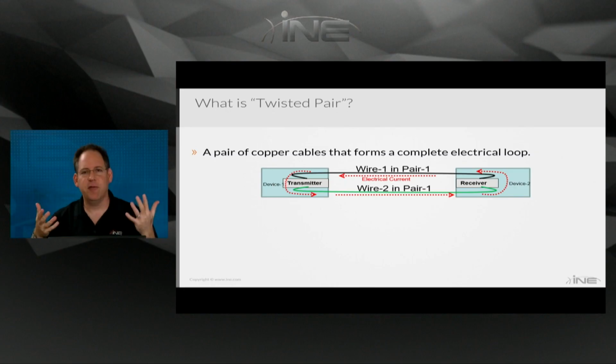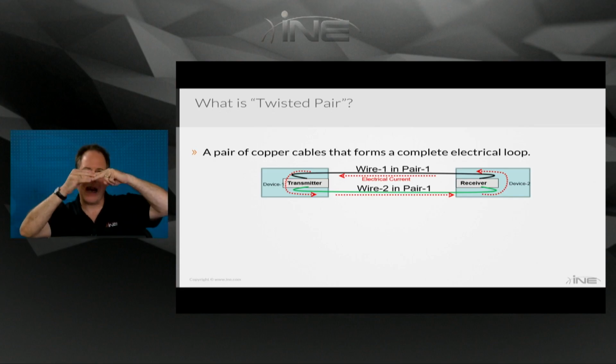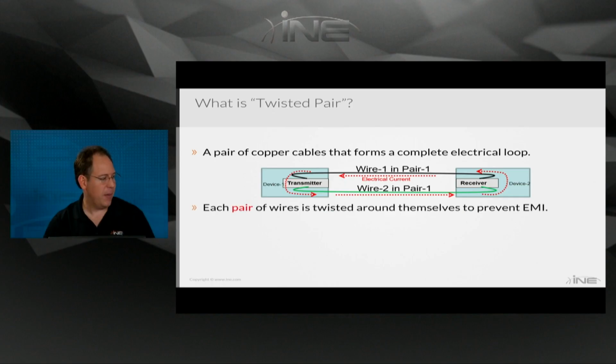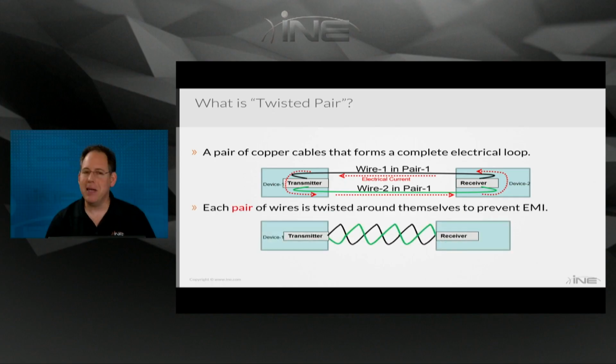Scientists and physicists figured out a long time ago that if you take a pair of cables and twist them among each other, it helps to mitigate or prevent this electromagnetic interference. So you don't have to worry so much about your ones and zeros being corrupted in one wire based on the ones and zeros being transmitted in the wire right next to it.